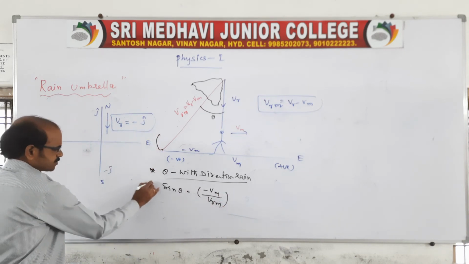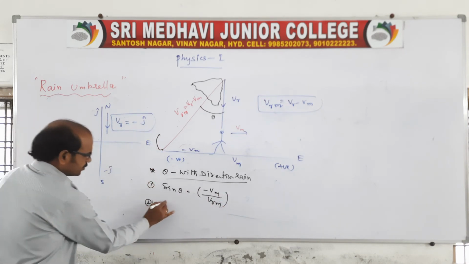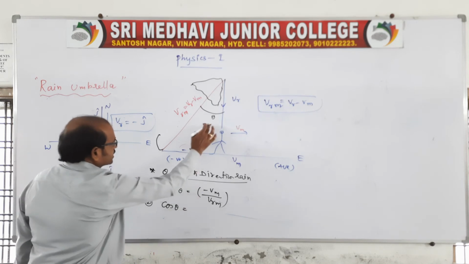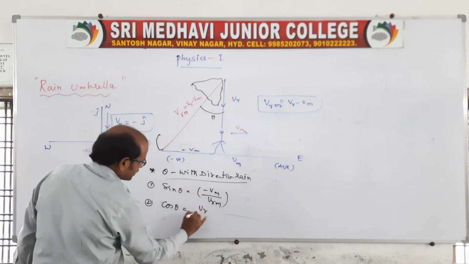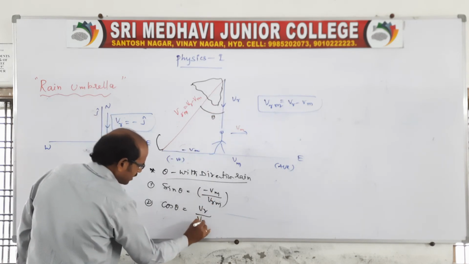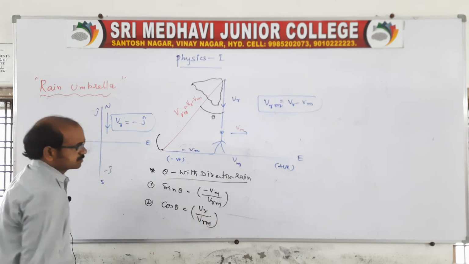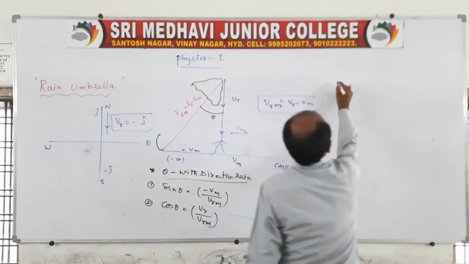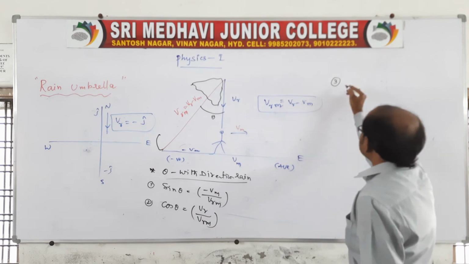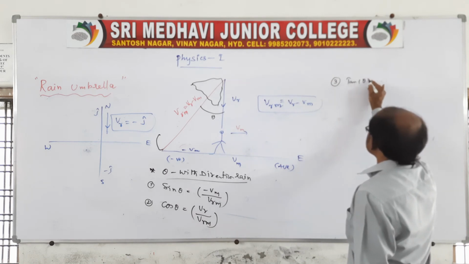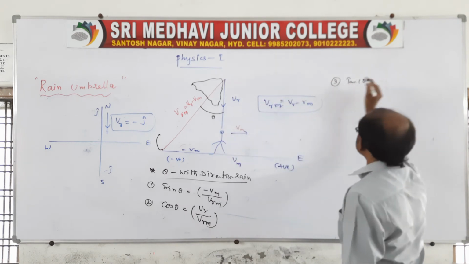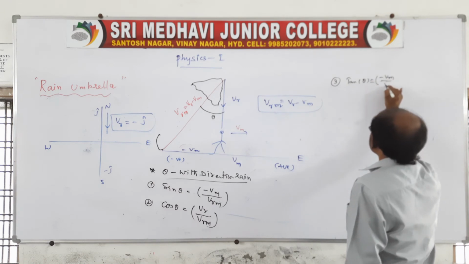This is the first expression. For the second, cos theta: adjacent is Vr and hypotenuse is Vrm. For the third, tan theta is opposite by adjacent, minus Vm by Vr.